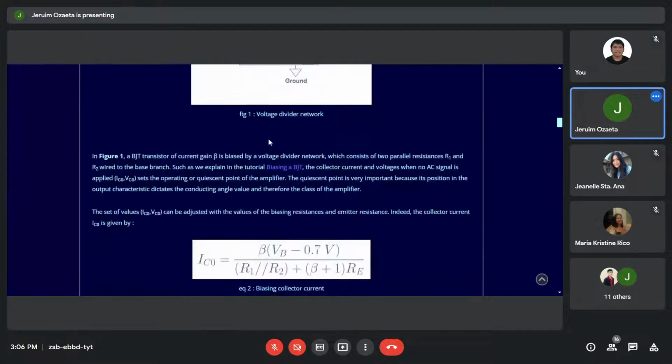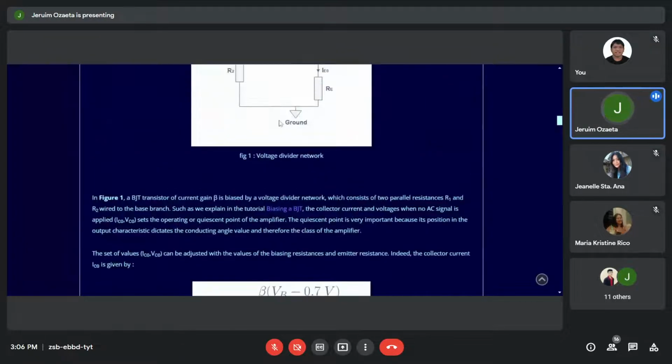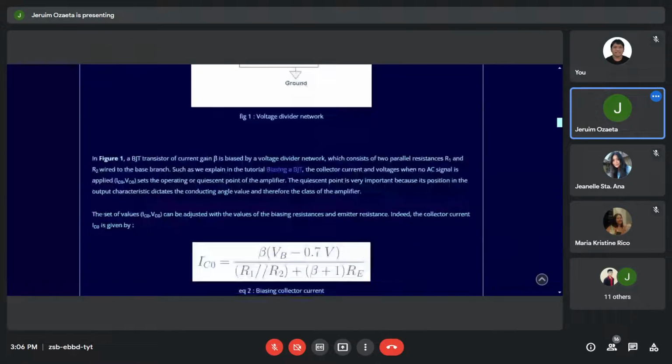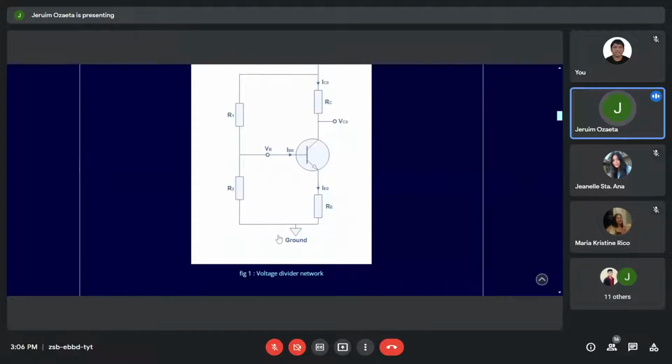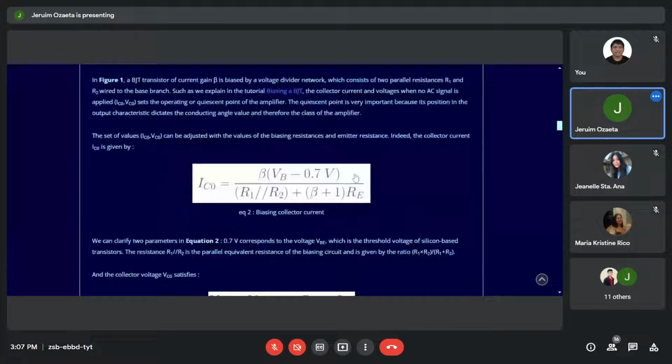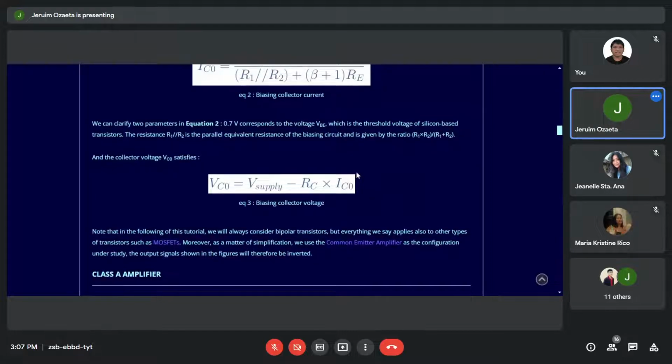Now, the beta is the gain value, so that it determines how much gain will be available at the collector when the transistor is configured as a common emitter configuration.